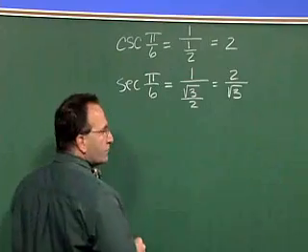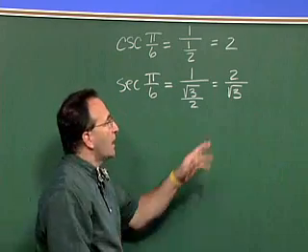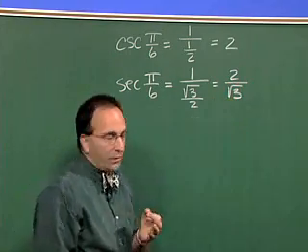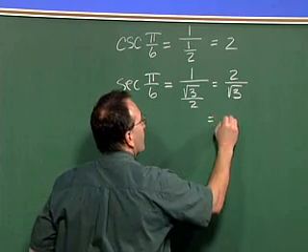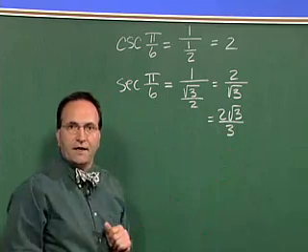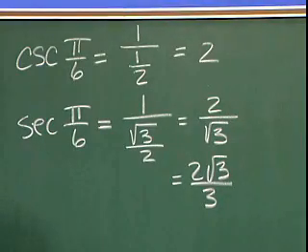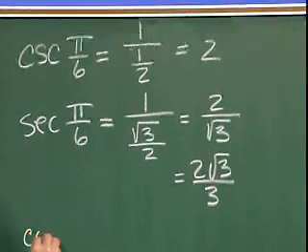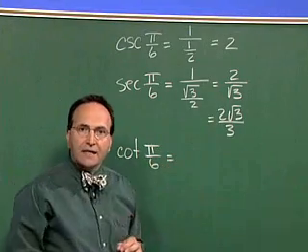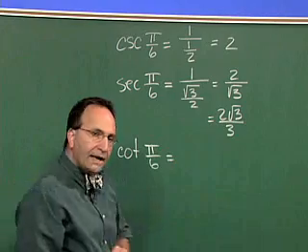And in order for me to rationalize the denominator, I have to multiply top and bottom by the square root of 3 over the square root of 3. So that's going to equal 2 square roots of 3 over 3. And then finally, for my cotangent of pi over 6, that's equal to x over y.